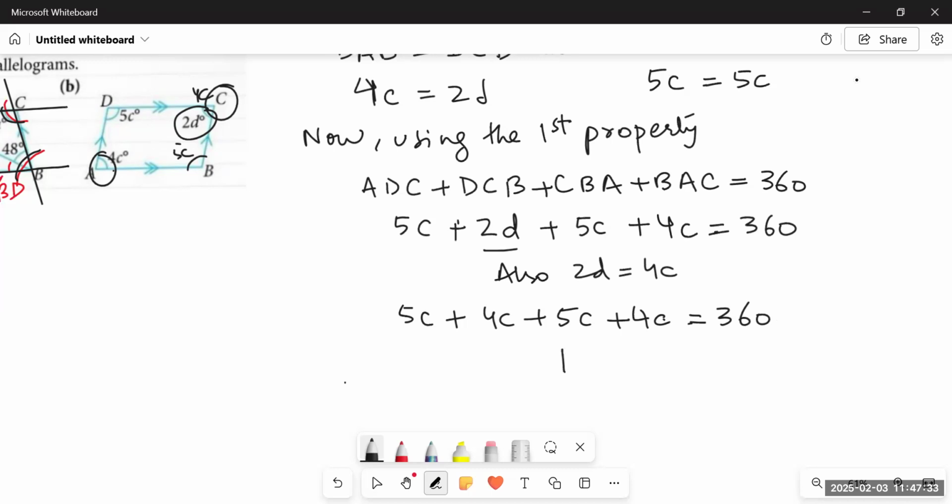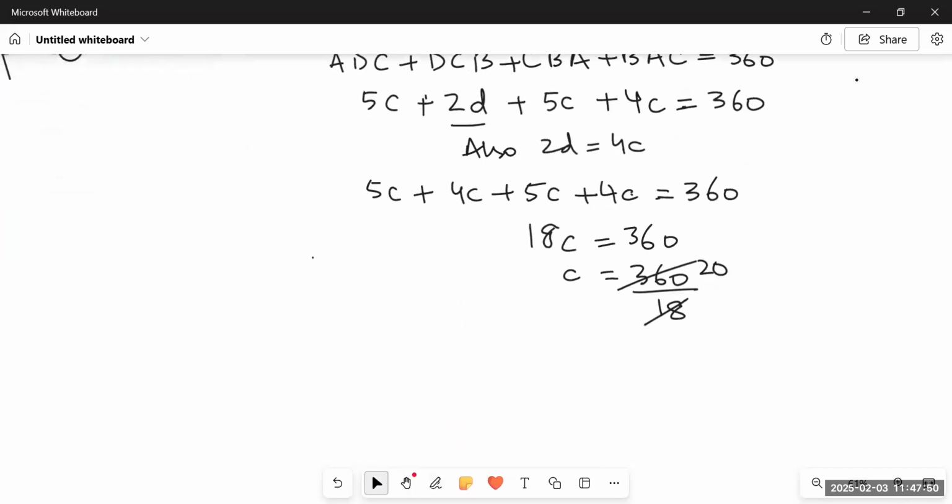It will give us a total of 18C is equals to 360. And now, since we are multiplying 18 with C, on the other hand, we will divide it by 18. 18 ones are 18, 18 twos are 36. The answer to C is 20. We have found the value of C is 20.